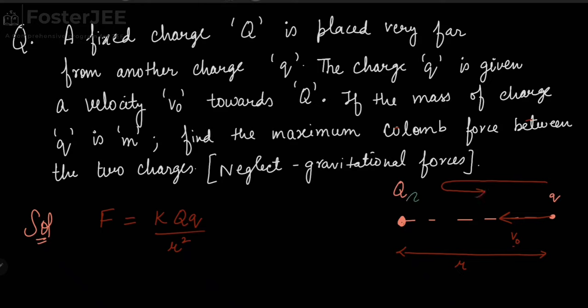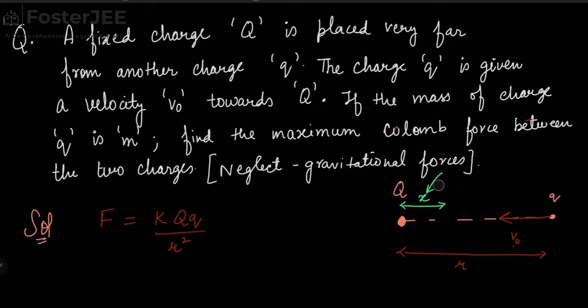If we are able to get this distance x, which is the shortest distance, then since x is the minimum value, the force will be maximum. So our objective is to somehow find this value of x.